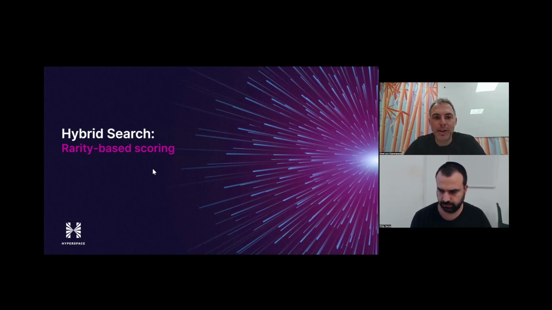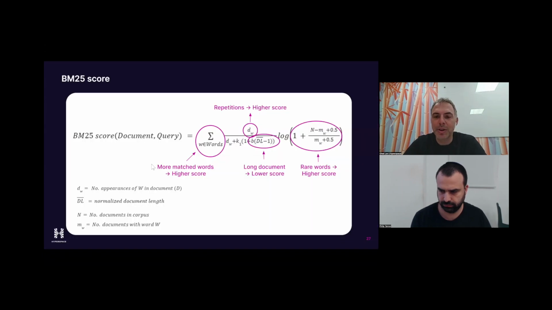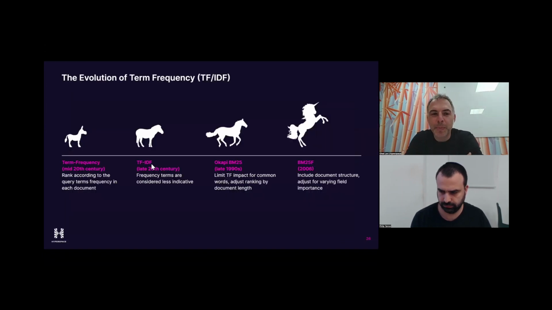Rarity-based scoring is a method which has existed for years. It started in the middle of the previous century and then evolved, starting with term frequency, TF-IDF, and then moved into BM25, okay?